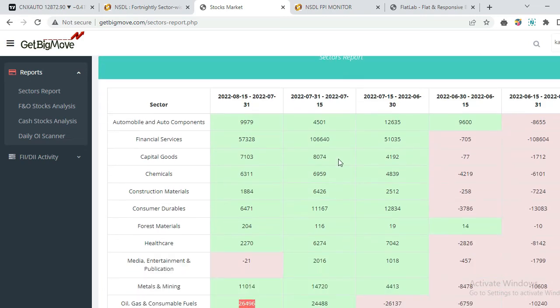Now we can correlate this data on the trading charts also.